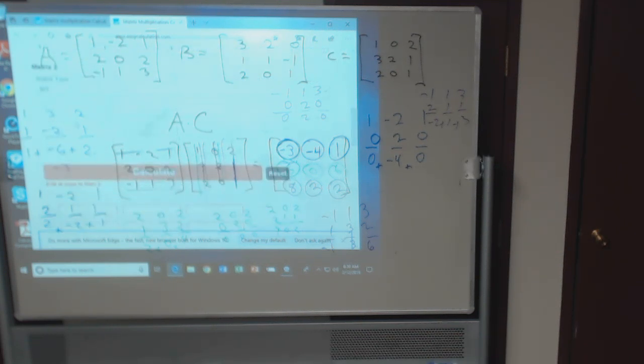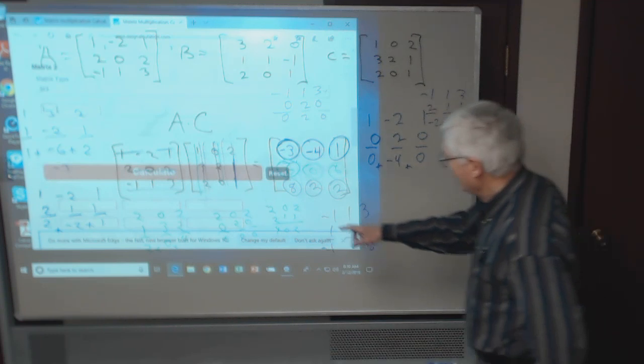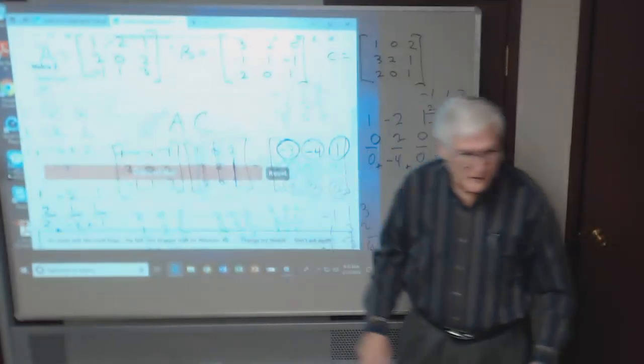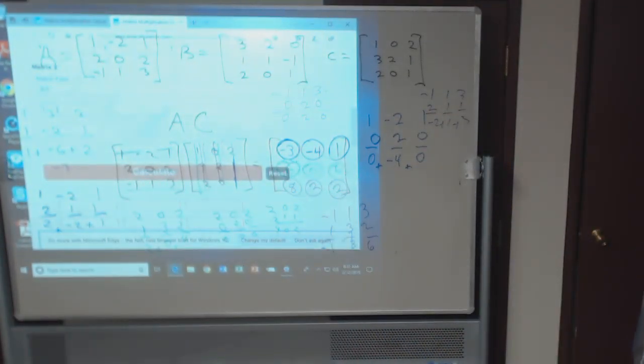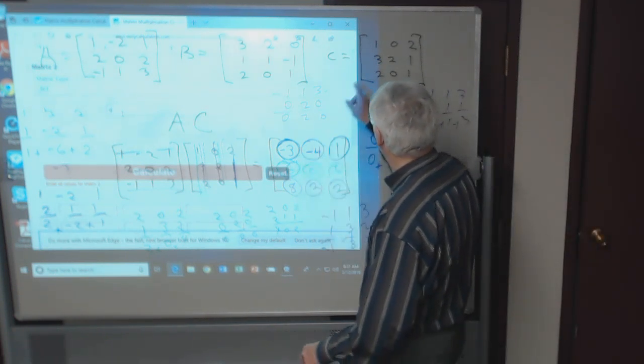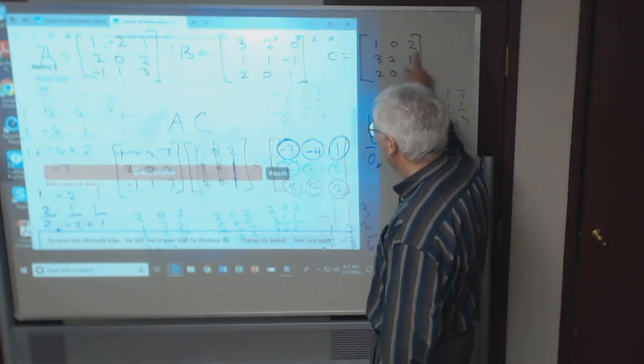Matrix 2. What's the first row? 1, 0, 2. 1. No, that's for C. Do you want to put in C or B?